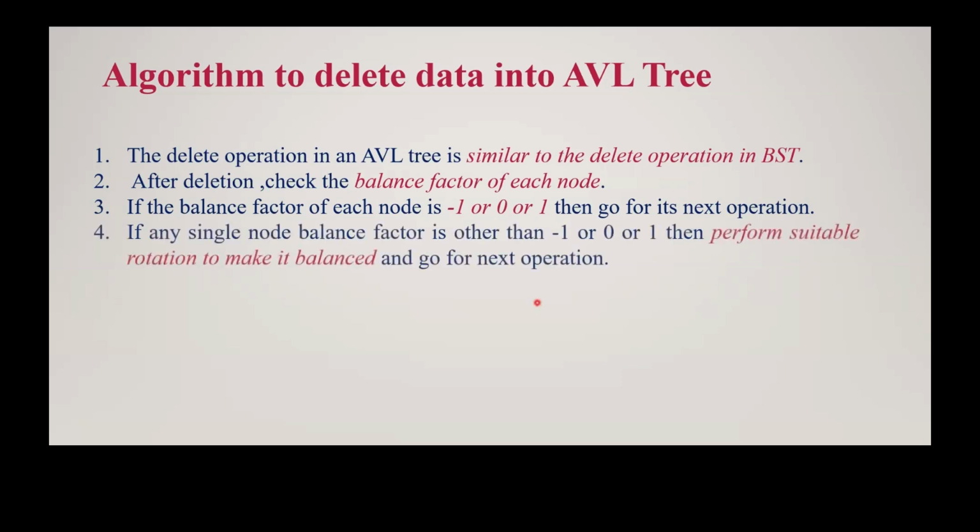If any single node's balance factor is other than -1, 0, or +1, then we have to perform a suitable rotation. Suitable rotation means we can go for LL rotation, RR rotation, RL rotation, or LR rotation. Any of the four categories can be used to balance the tree. After that, we can go for the next operation.